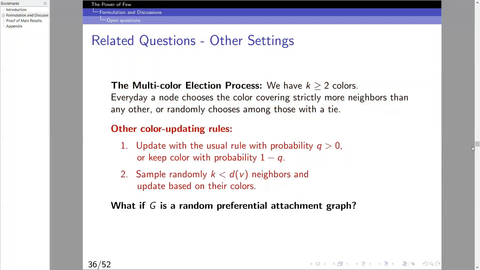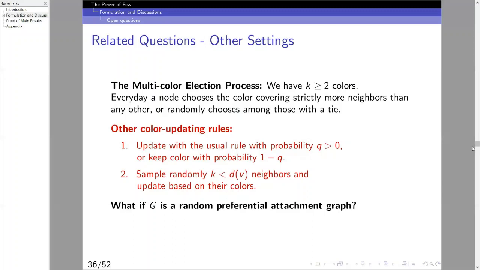Also, we can change the updating rules so that we update with the usual rule with probability q, but otherwise stay the same, so it's sort of a lazy version.